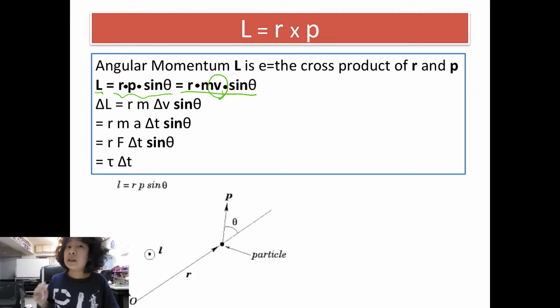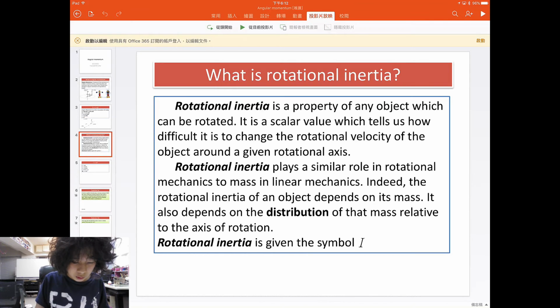So R m a delta t sine theta, and because m a equals F, delta L is also equal to R F delta t sine theta. And R F sine theta equals the torque tau, so delta L equals tau delta t.